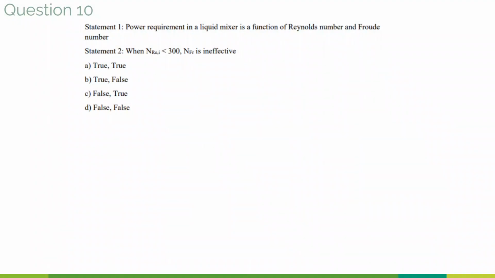Going to question 10. Statement 1: The power requirement in a liquid mixer is a function of Reynolds number and Froude's number. And statement 2: When the impeller Reynolds number is less than 300, the Froude's number is ineffective.